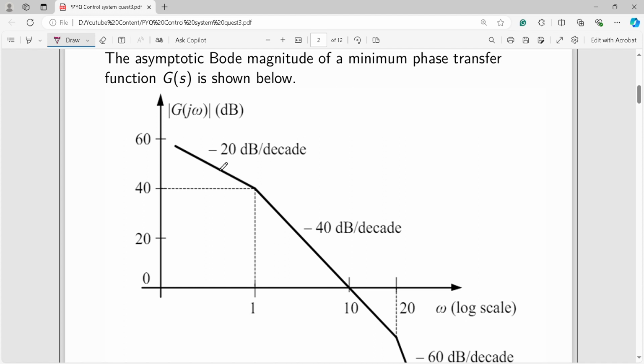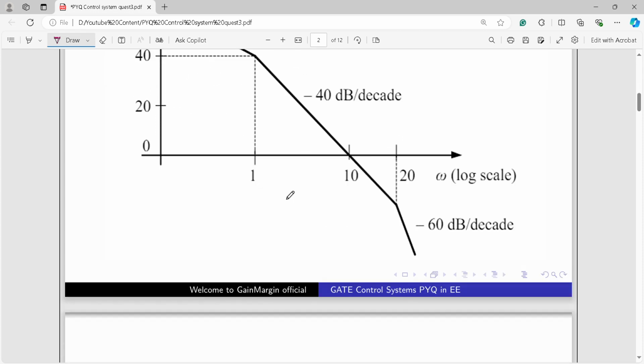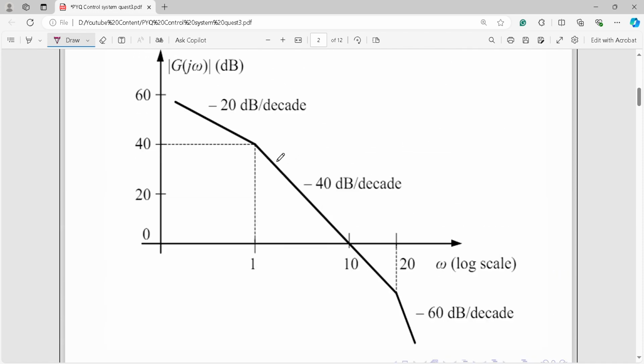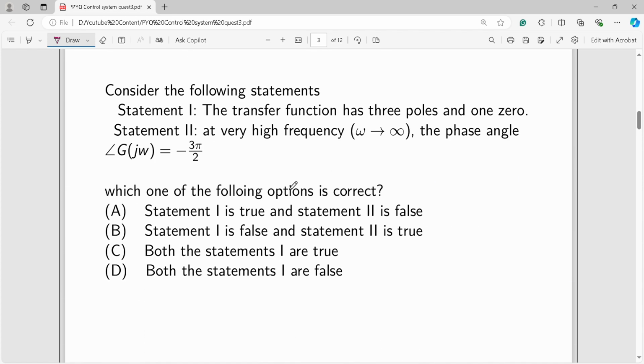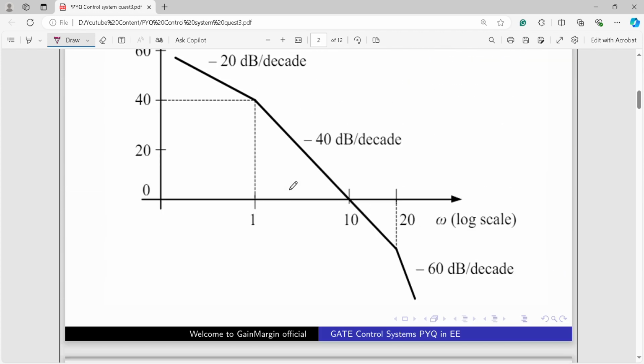They haven't given the phase plot because whatever the question wants, only the magnitude plot is needed. They have given two statements, and out of them we need to tell which statement is correct and which is false, using this magnitude plot.